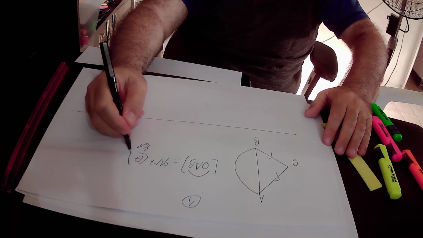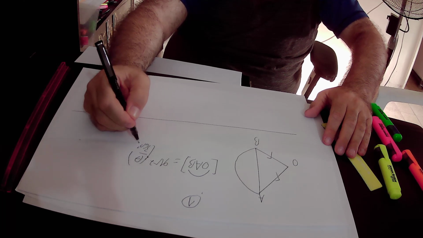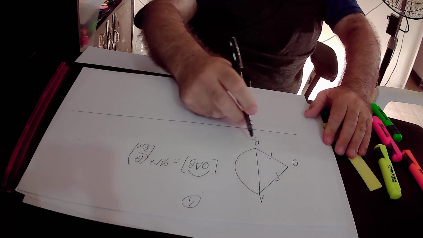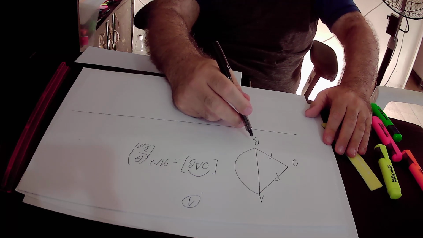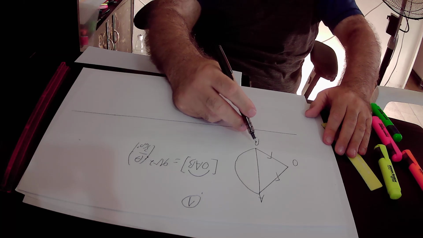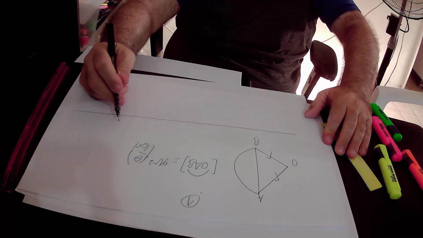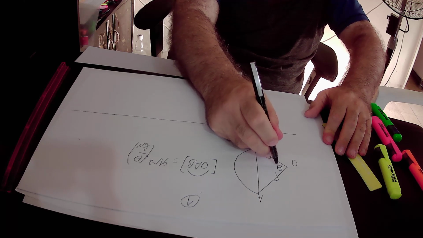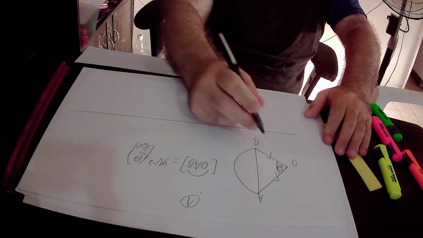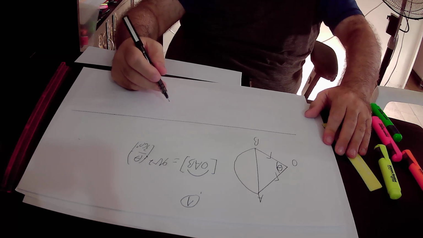So here AO and OB are both the radii of the circle or semicircle that contains sector AOB, and here angle theta is the angle between the legs of sector AOB.